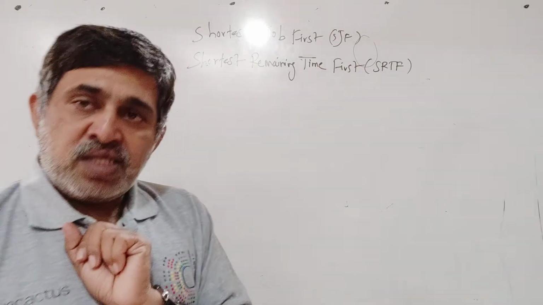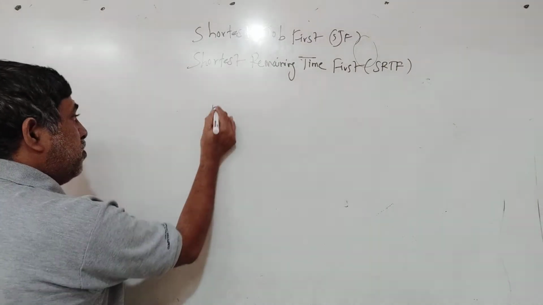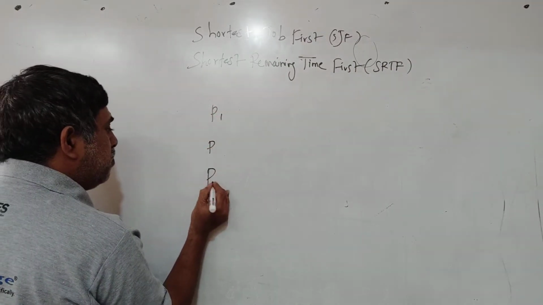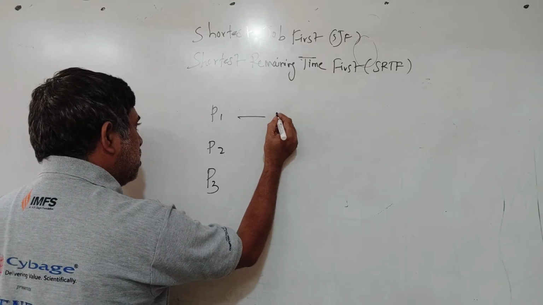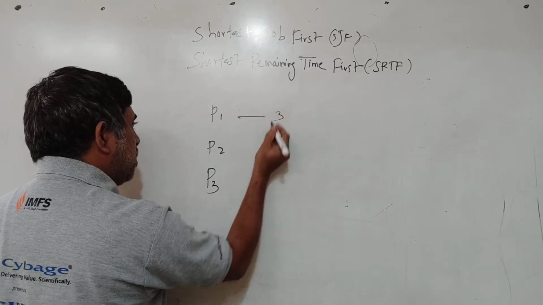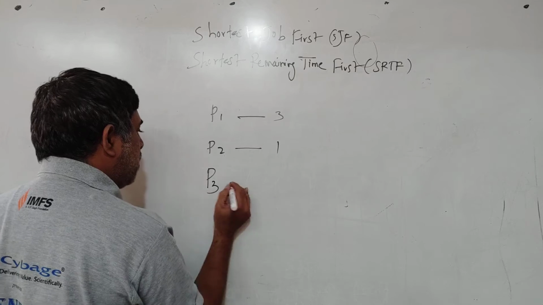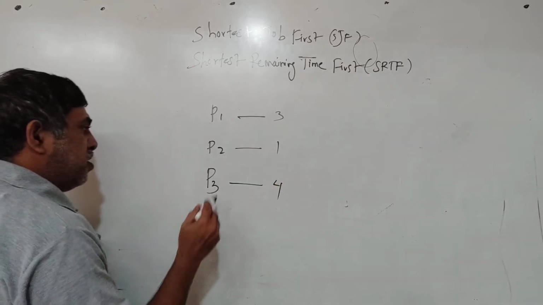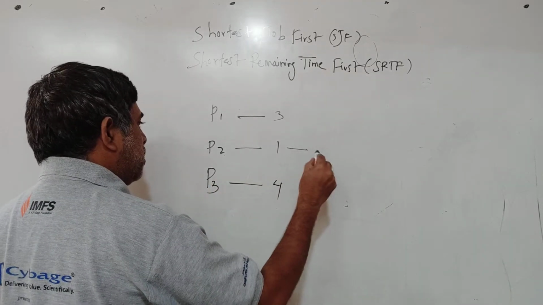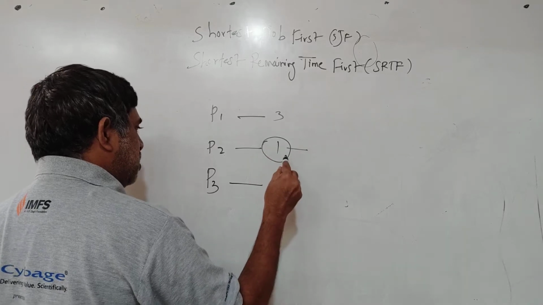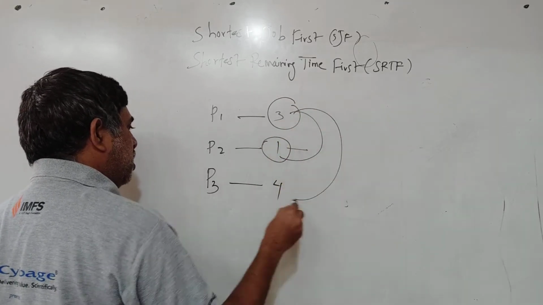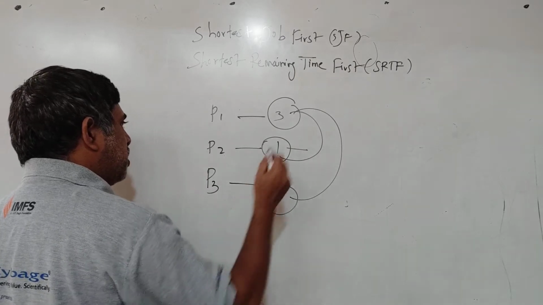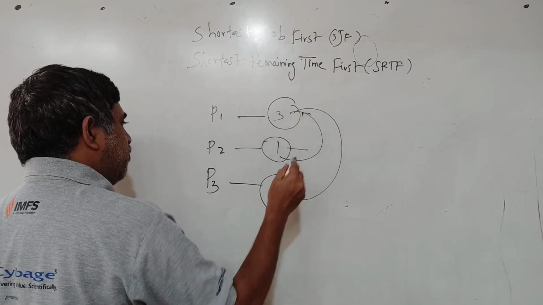If we consider three processes, process P1, P2, P3, and suppose P1 needs 3 units, P2 needs 1 unit, and P3 needs 4 units, then obviously P2 will be taken up for execution first, then P1, and then P3.